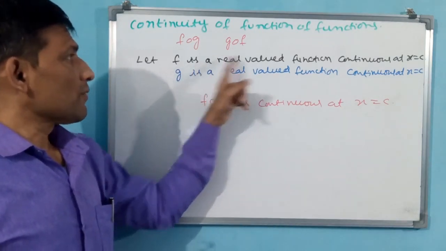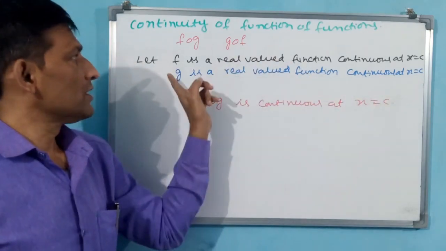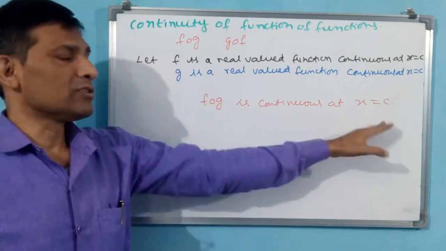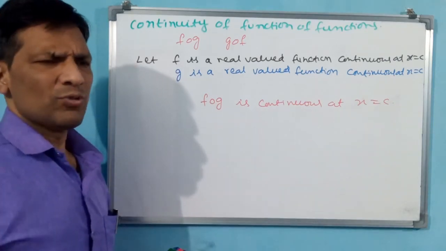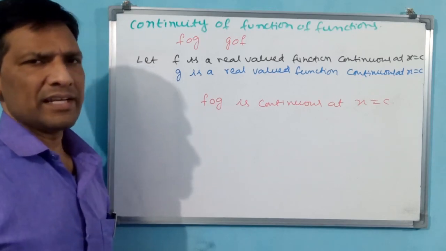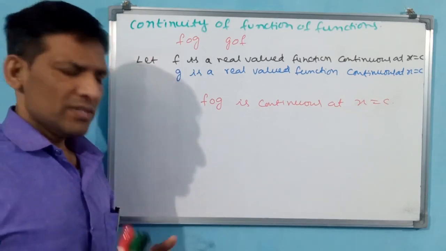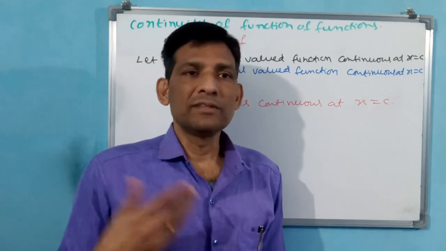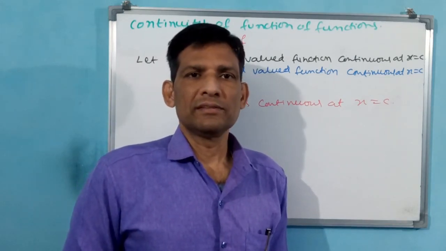Provided f is continuous and g is continuous at x is equal to c, then f of g is also continuous at x is equal to c. For this, proof is not required. Anyway, next class we are starting the exercise. In the exercise all these questions are going to come. See how many questions you do, that much the concepts are going to be cleared for you very well.